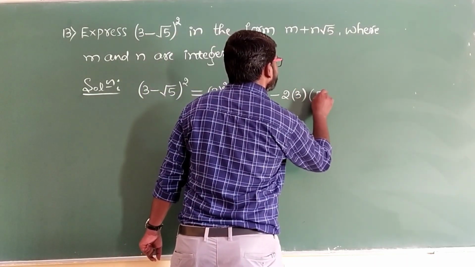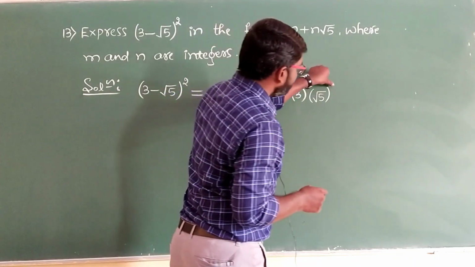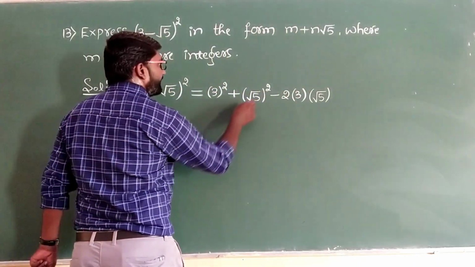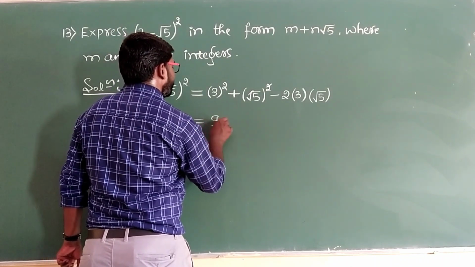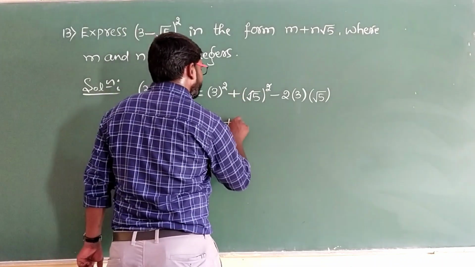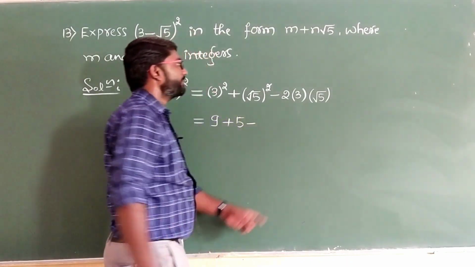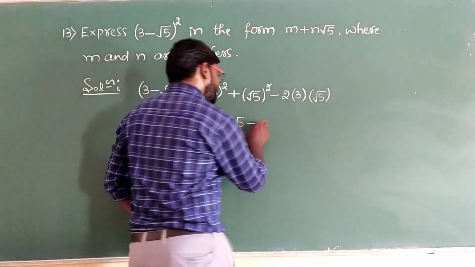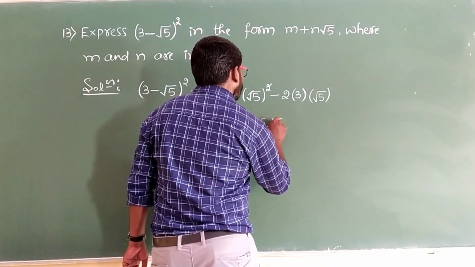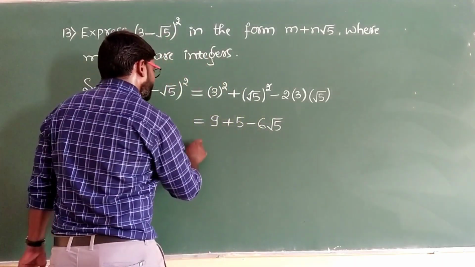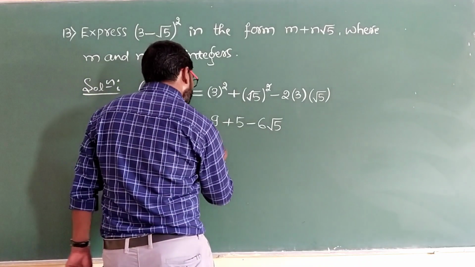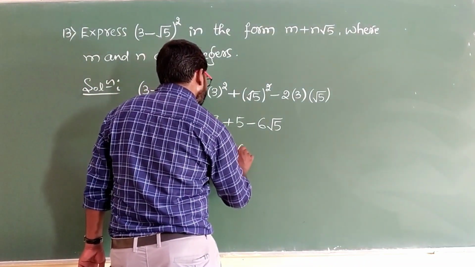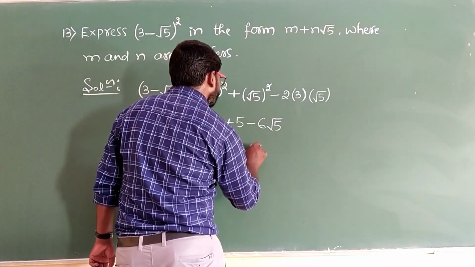So now in the next step, here square and root get cancelled, 3 square it is 9, plus here we get 5, then minus 2 into 3 it is 6 into square root of 5. So now 9 plus 5 will be 14 minus 6 times root 5.